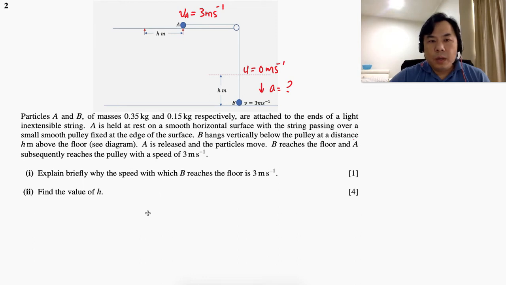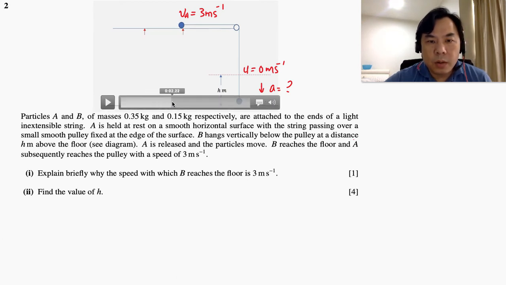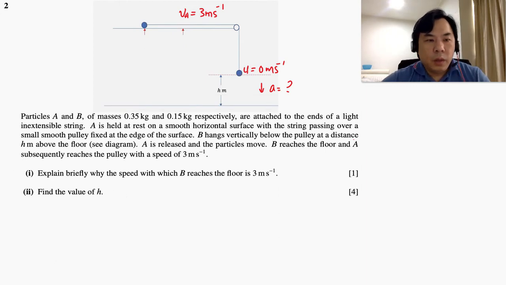Let me rewind that again so that you can see what is going on here. We have the tension of the string acting upward, and then there is the weight of particle B, which in this case is 1.5 Newton.